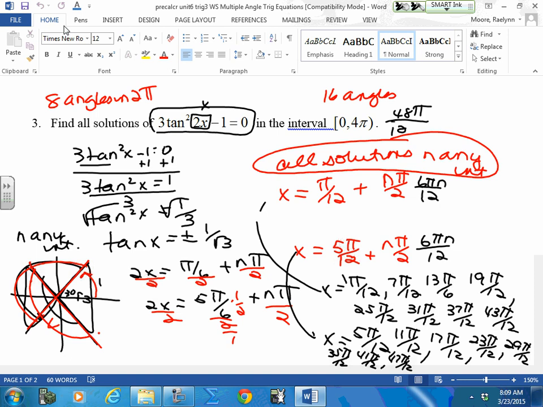Yes? Oh, I got 48 pi over 12 because we want all solutions between 0 and 4 pi. So I want to be able to have all 16 angles from here to here. If I'm having a denominator of 12, I messed this one up, didn't I? If I'm having a denominator of 12 and I'm checking my numerator, I need to convert this to 12 so that I could check when I hit my angle.